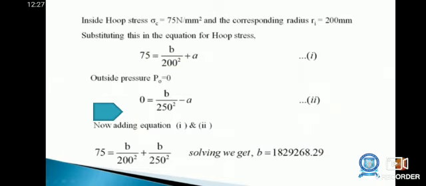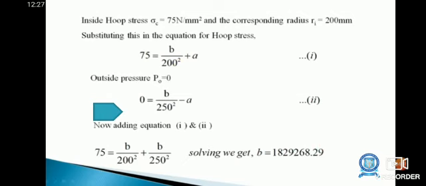What will happen? 75 is equal to B divided by 200 square plus B divided by 250 square. Solving, we get the B value, 182926.829.